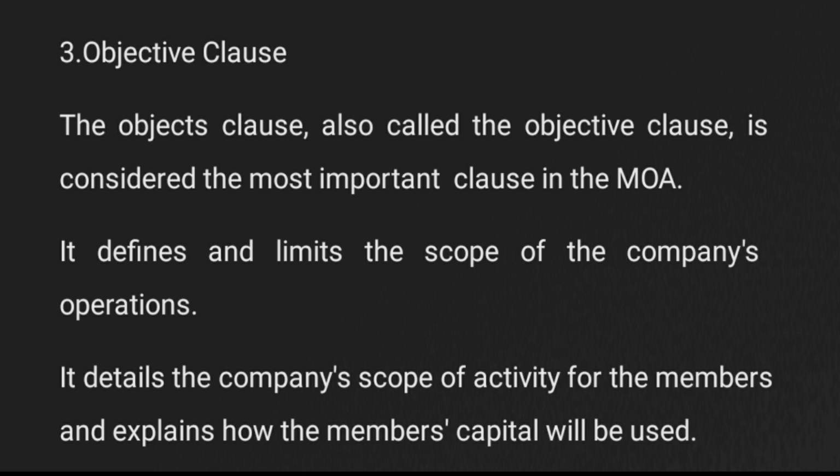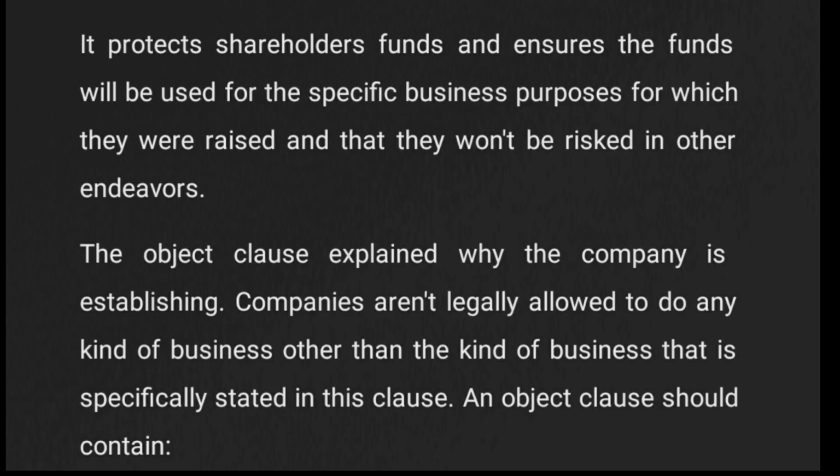It details the company's scope of activity and members, and explains how the members' capital will be used, in which activity the capital is going to be used in the business. It protects shareholder funds and ensures the funds will be used for the specific business purpose for which they were raised and not risked in other endeavors.